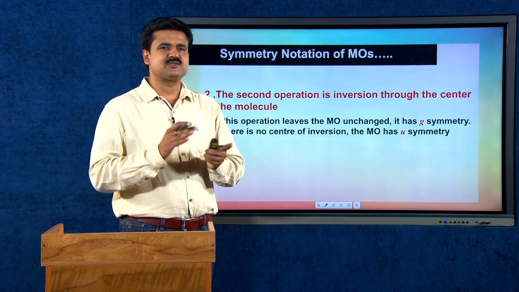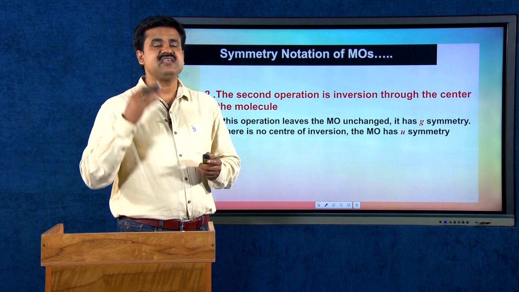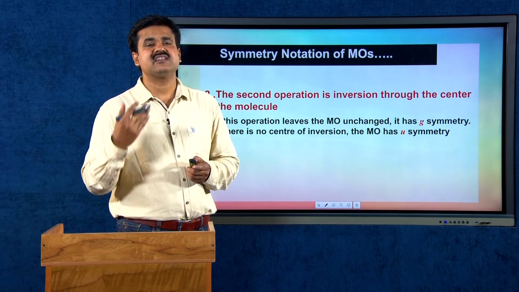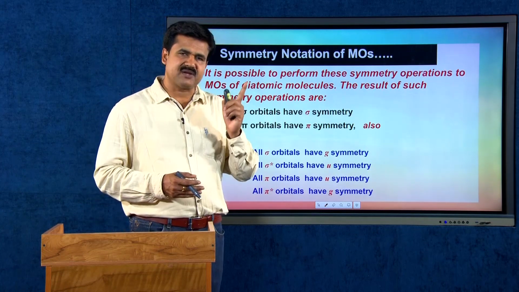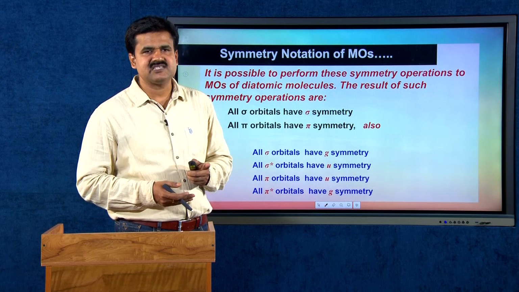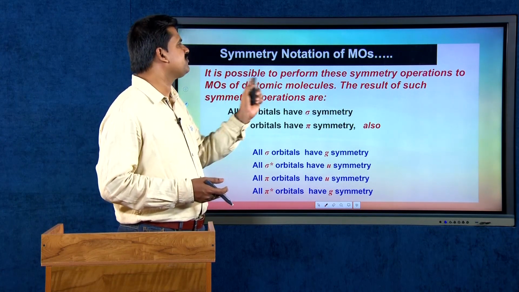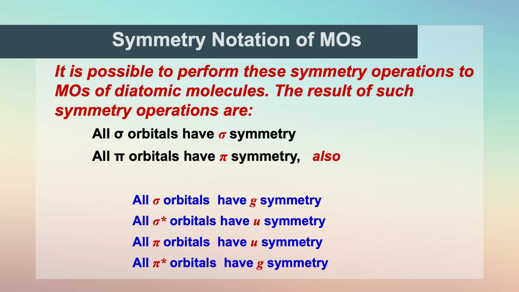So, based on these two operations, we can arrange different molecular orbitals based on their symmetry. After performing the two symmetry operations on molecular orbitals of diatomic molecules, we get some final result, and the result of such symmetry operations is shown here.